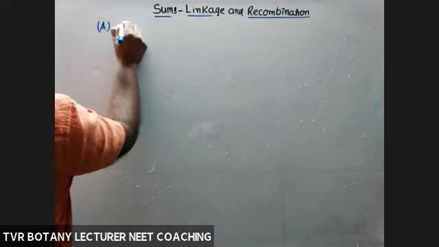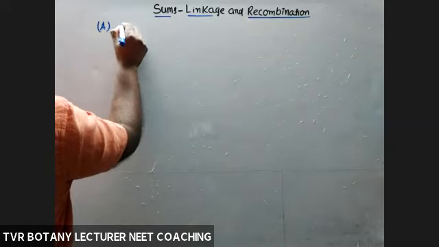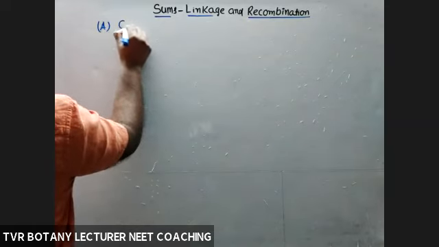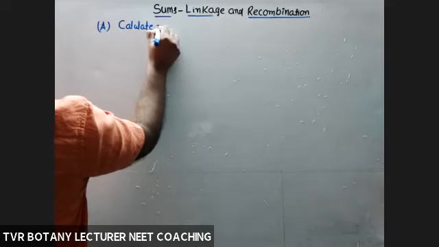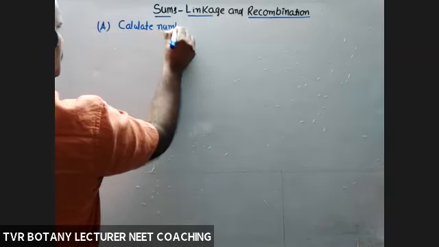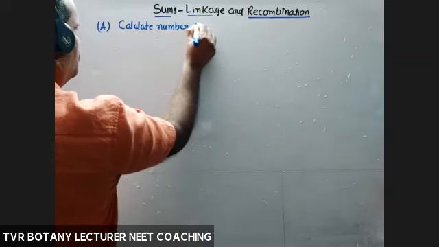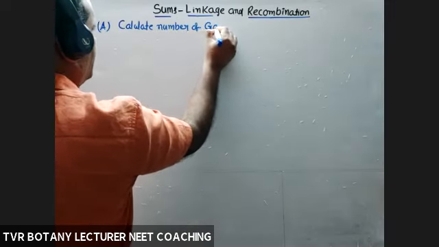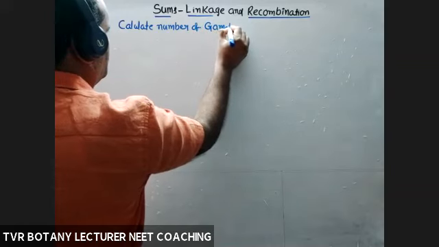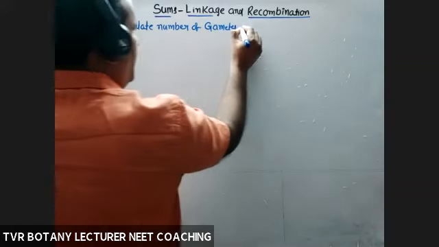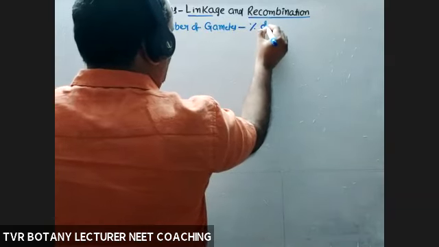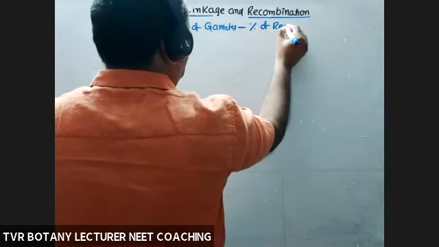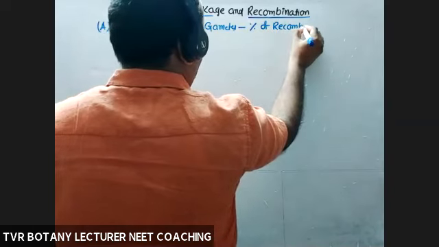So, calculation related to the number of gametes on the basis of the percentage of recombination.